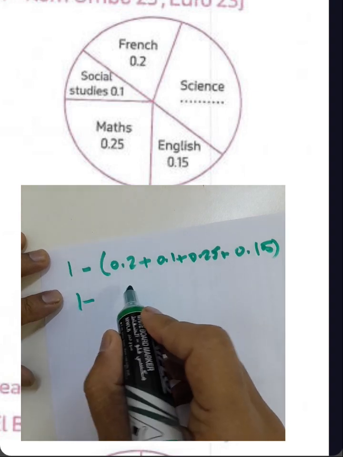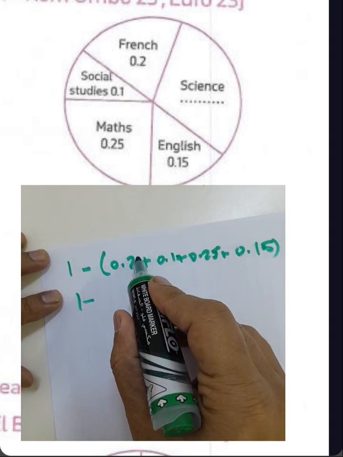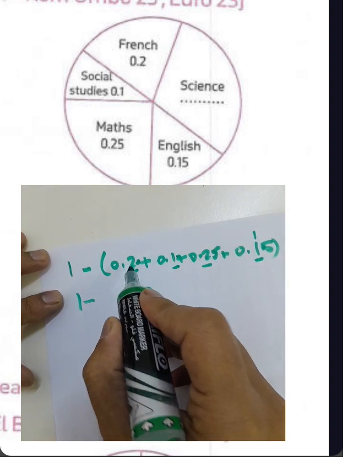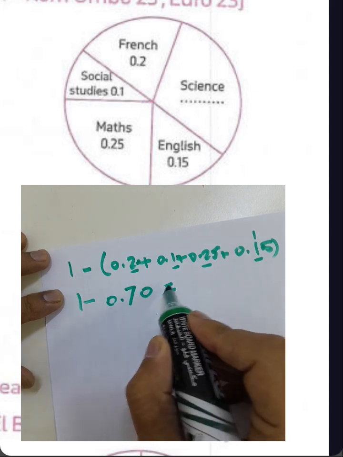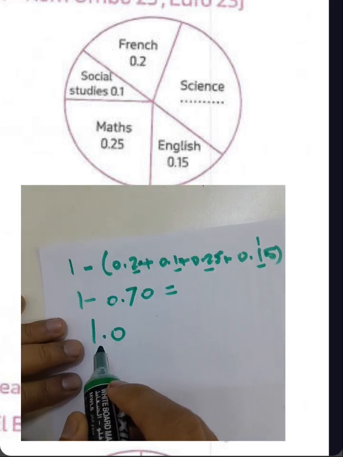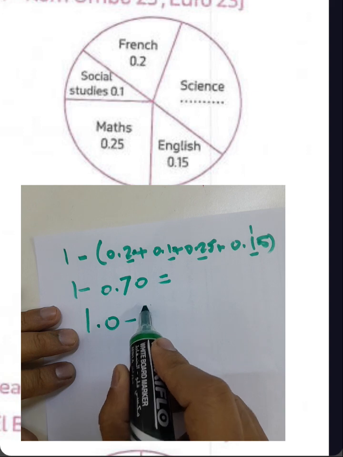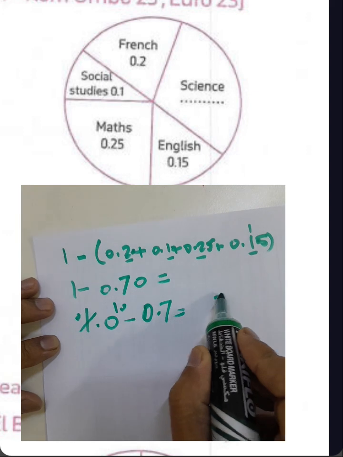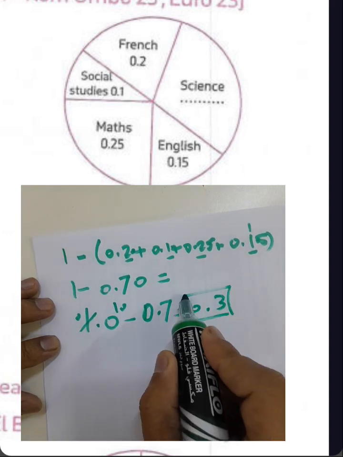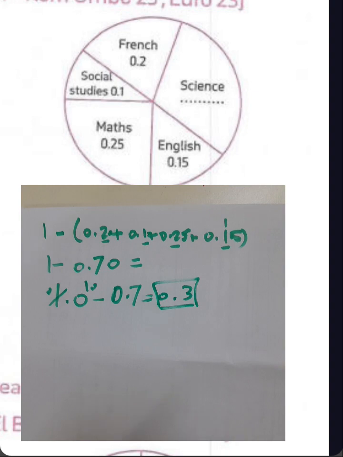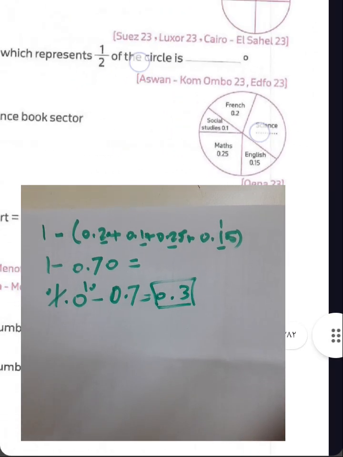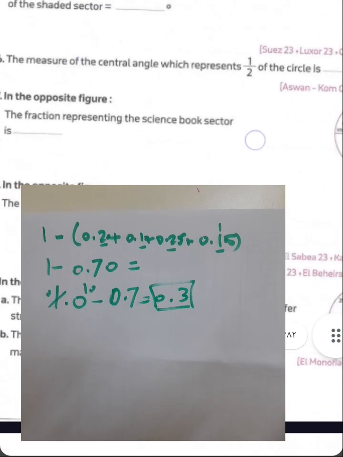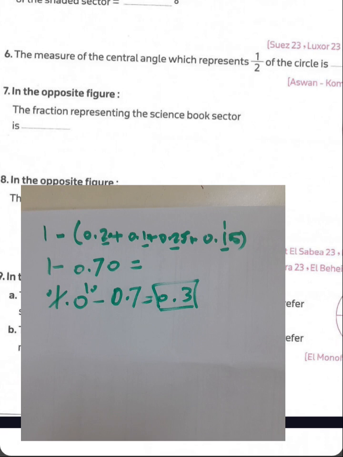Write 1 subtract the sum of them. 5 plus 5 is 10, write 0 and carry 1. 2 plus 2 is 4, 4 plus 1 is 5. 5 plus 2 is 7. This is the sum of them. Write 1, put a point and 0 behind it, to find the difference between 7 tenths and 1. 0 minus 7 we can't do it, so borrow 1. 10 minus 7 is 3, and 0 minus 0 equals 0. Then the result will be 0.3. This part in science will be 0.3. Then the fraction representing the science sector is 0.3.